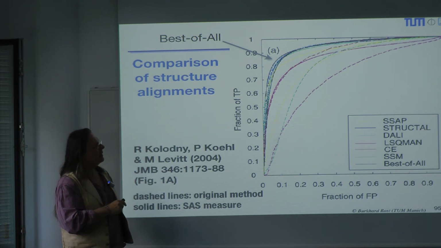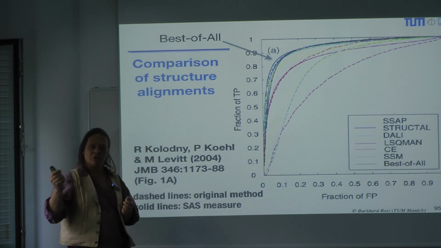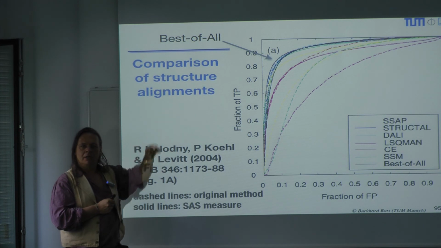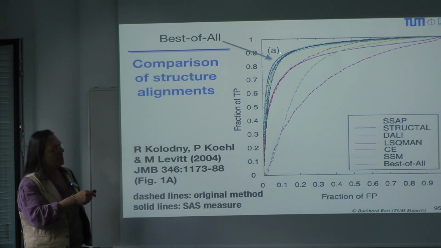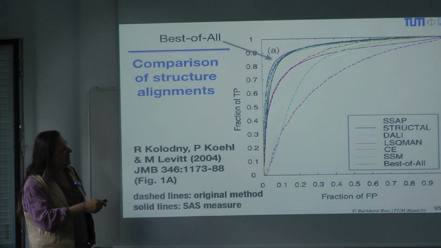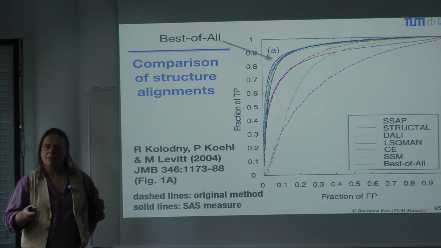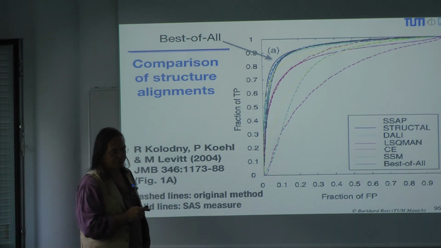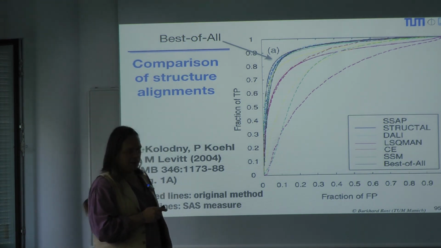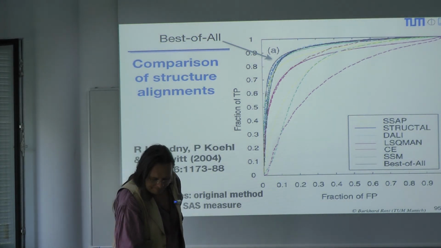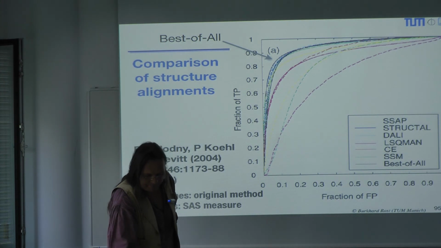She did not really develop a new alignment, but she found a better way to use the scores of the given ones to go up. So in fact, the fact that this still is higher means there's still room for improvement. The fact that some of these methods are better than others means that you could also possibly still gain from getting better methods. Question, doesn't that mean it's biased against a certain data set?